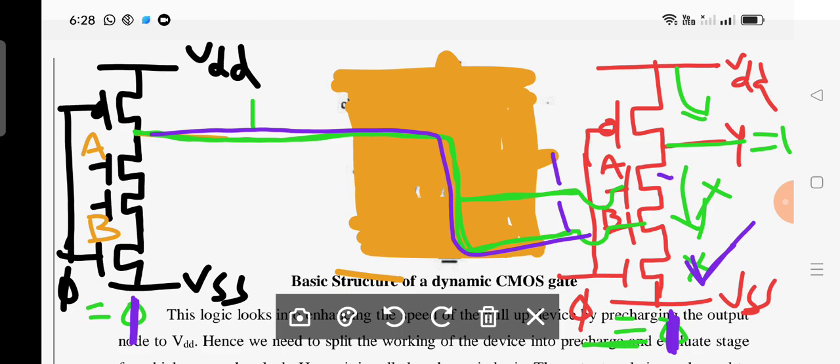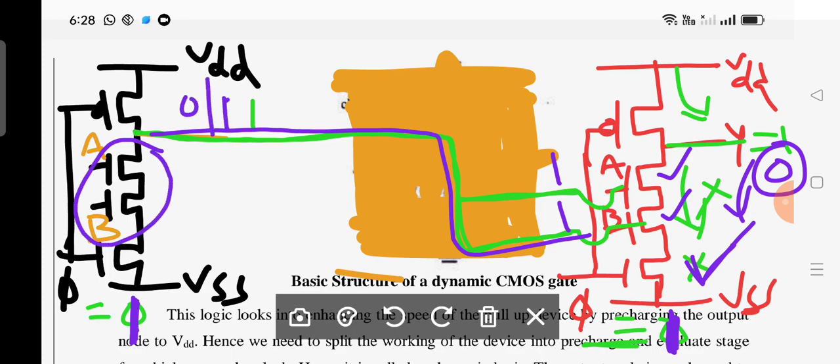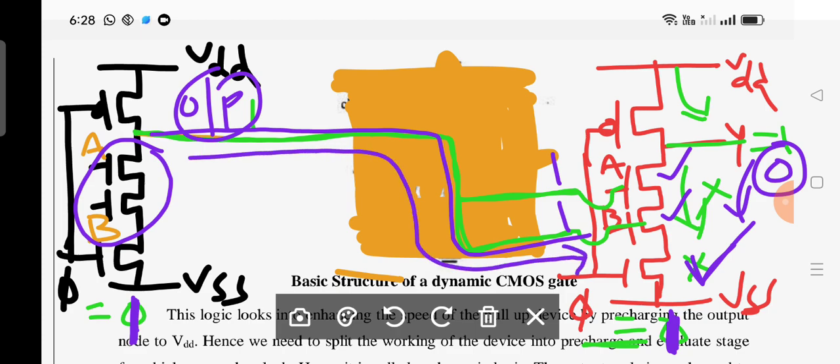Therefore this transistor will turn on, this transistor will turn on, then the output goes to 0. But actually what should happen if pi is equal to 1? It should depend on these transistors, then it should produce an output, then this output should be cascaded to this, then it should depend on this. Is it clear, all of you?